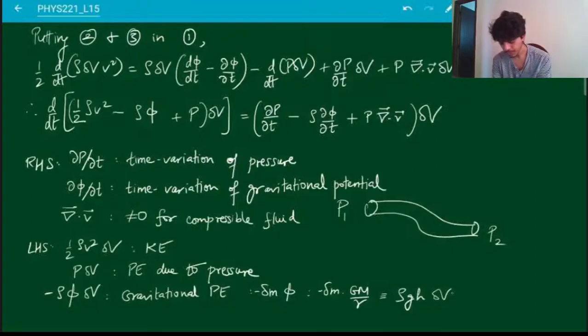Your old Bernoulli's equation was just the left hand side. See, left hand side says d by dt of these three terms. And according to your old Bernoulli's theorem, right hand side was 0, because there is no time variation of pressure, there is no time variation of gravitational field, and your fluid is incompressible. So if right hand side is 0, then d by dt of left hand side is 0, which means that the left hand side, whatever is inside the bracket, has to be constant.